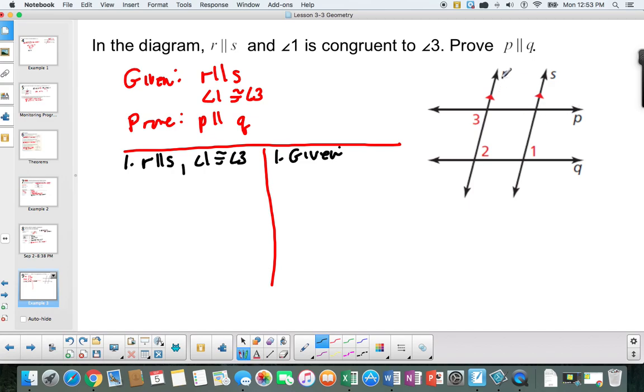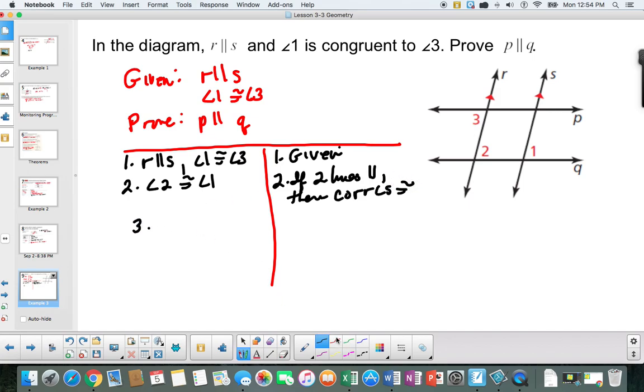Now, I know that these two lines are parallel, and so I know that angle 2 is congruent to angle 1. And that's because if two lines are parallel, then corresponding angles are congruent.